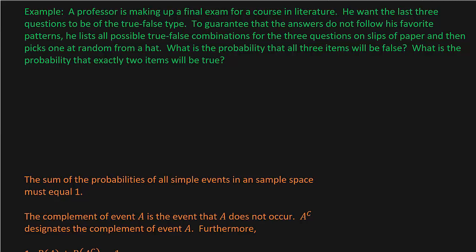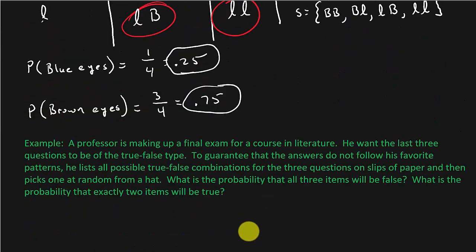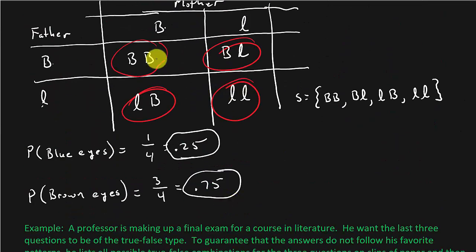All right, so here's one where we need to write out the sample space. Now, writing out this sample space is not difficult, but it can be a little more difficult than writing out the sample space for this one.